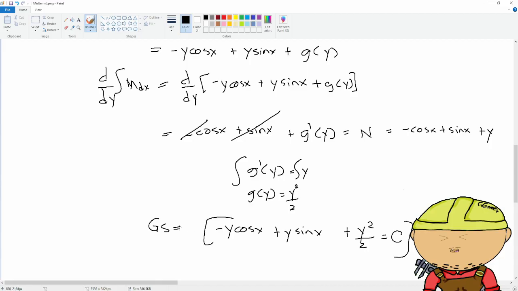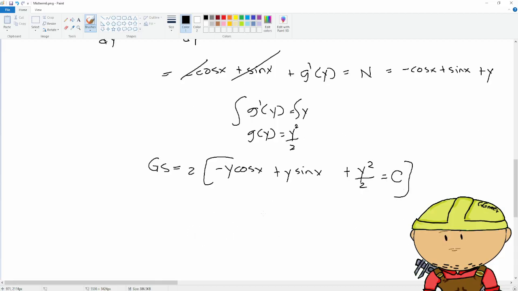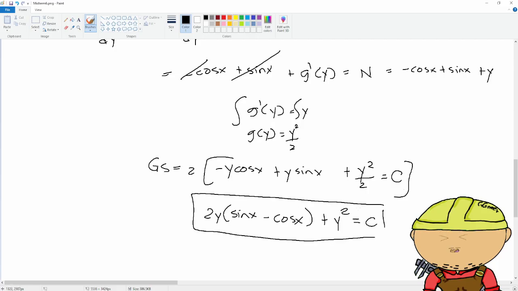Multiply both sides by 2, getting 2y sine x minus 2y cosine x plus y squared is equal to c. That is now our general solution.